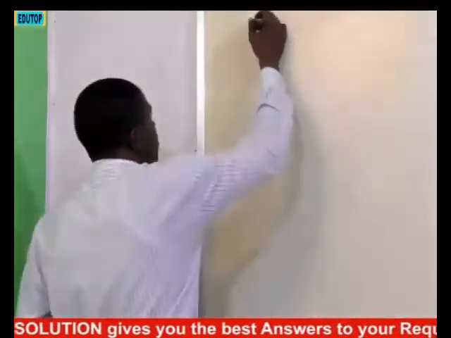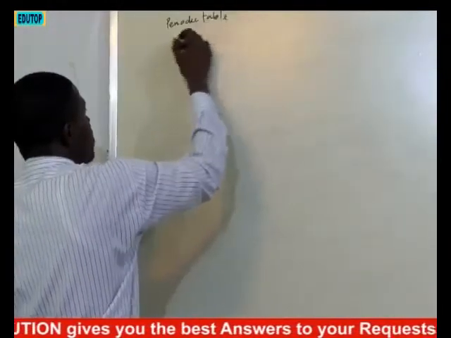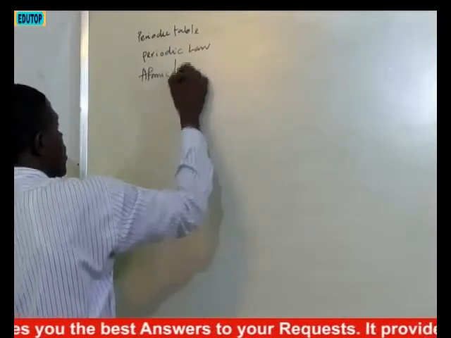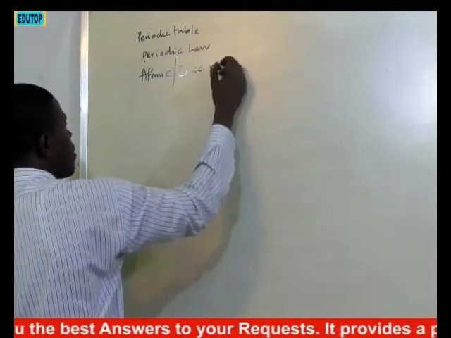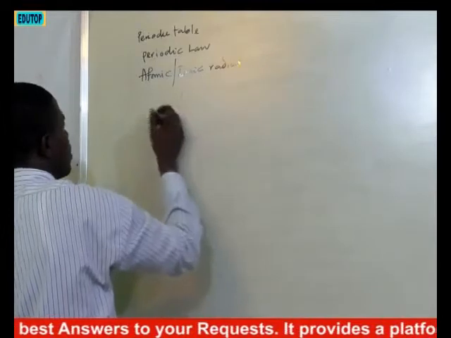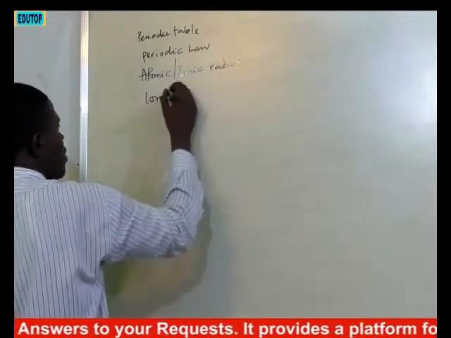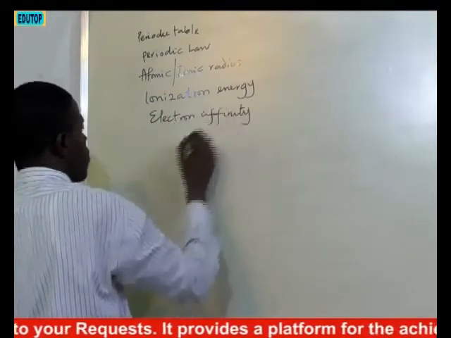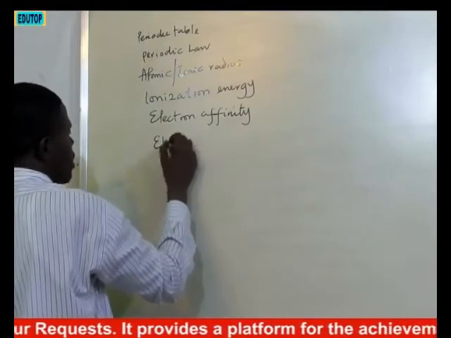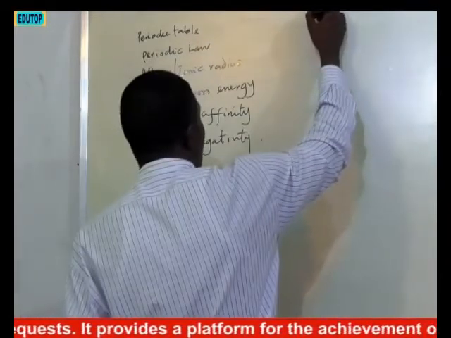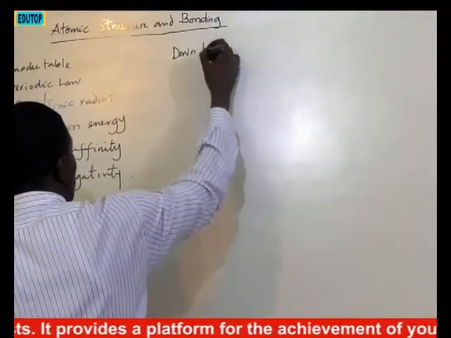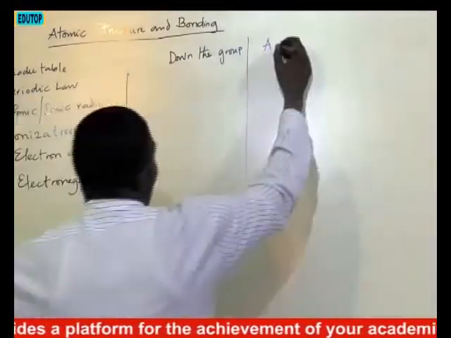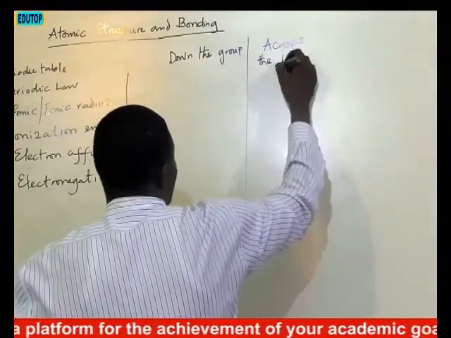We have periodic table, we have periodic law, then we have atomic and ionic radius or radii, then we have ionization energy, then we have electron affinity, we have electronegativity. The way they behave down the group and across the period.